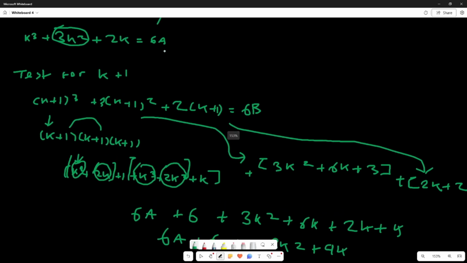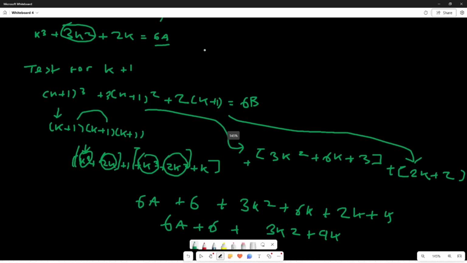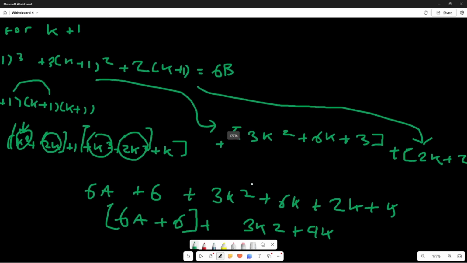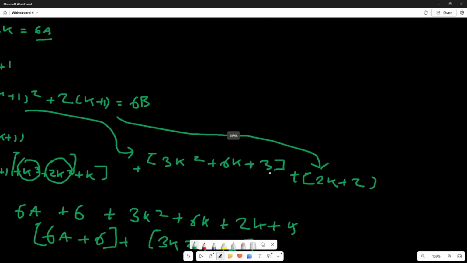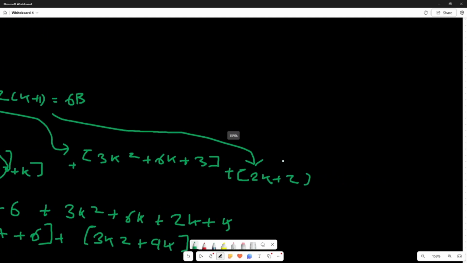So if we assign this to 6a, this part is divisible by 6 as well. And now we're left with this part, which doesn't seem divisible by 6 on the surface, but we can work it out.